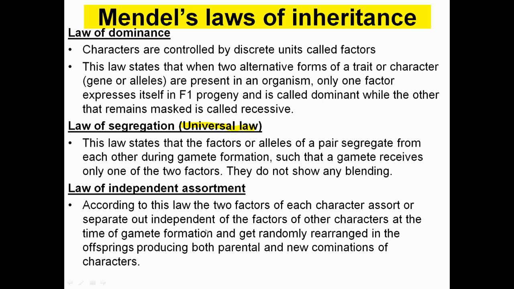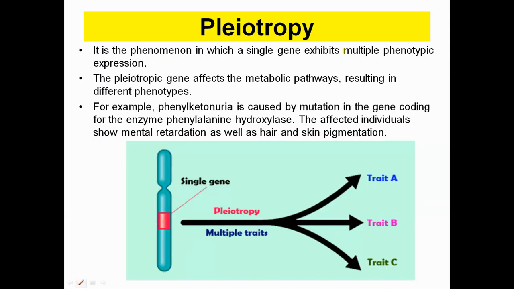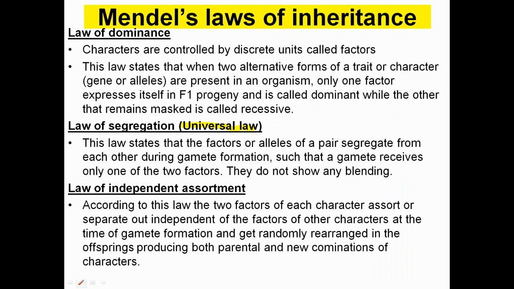Recall from our previous dihybrid cross, you can see during gamete formation we have four types of gamete: capital R, capital Y; capital R, small y; capital Y, small r; and small y, small r.